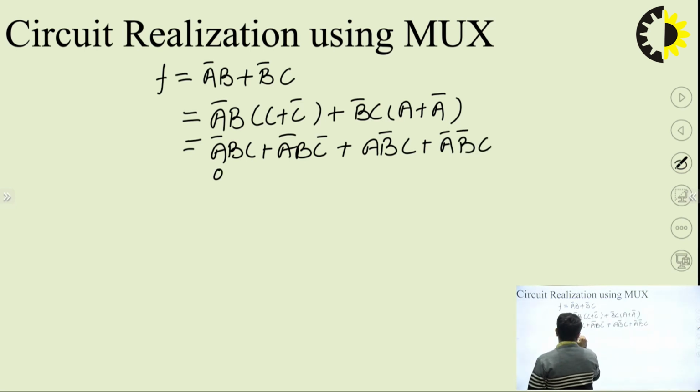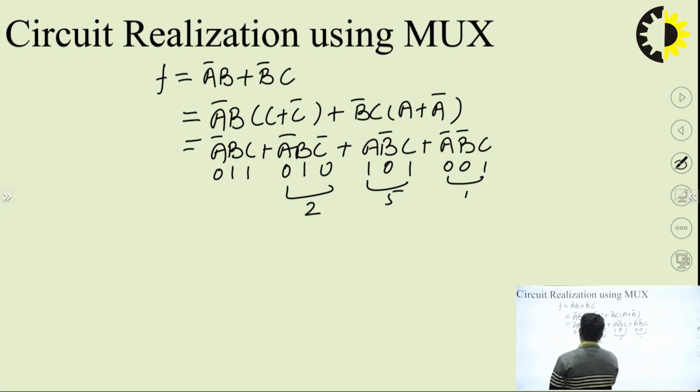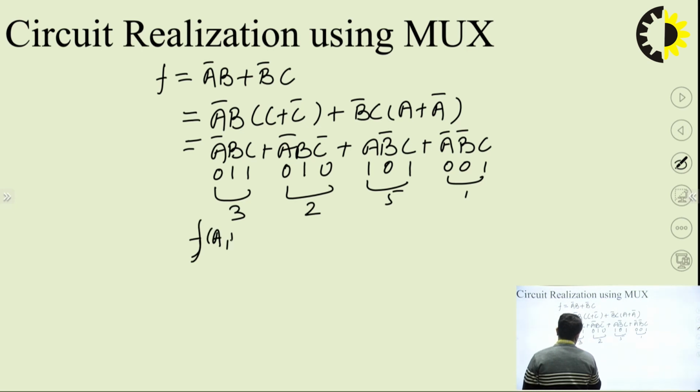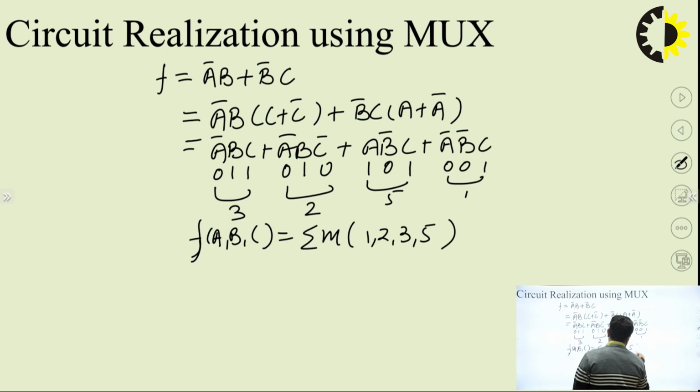So replacing bar with 0 and non bar with 1. So we can check that this is 1, this is 5, this is 2, and this is 3. So the question becomes, this is a function of 3 variables A, B and C, which is having the min terms 1, 2, 3 and 5.